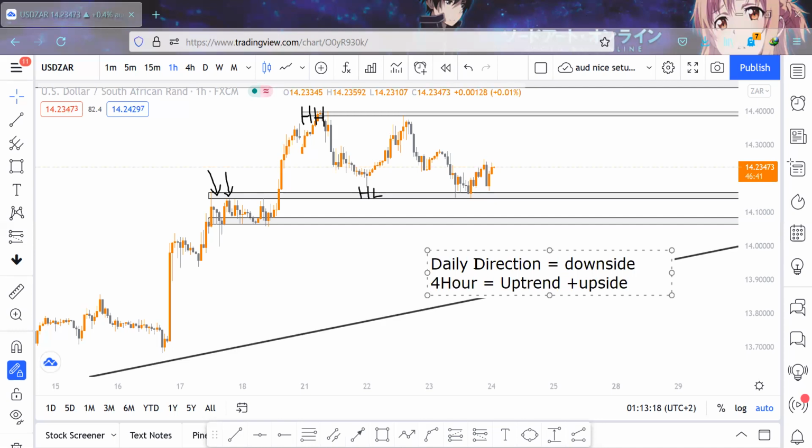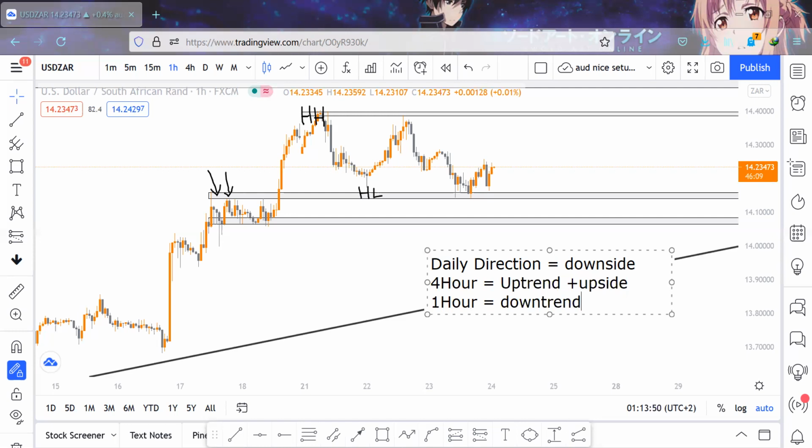Now, what's happening on the 1-hour time frame, looking at the previous levels that have been formed on the 4-hour time frame, we have that the 1-hour time frame is a downtrend, right?